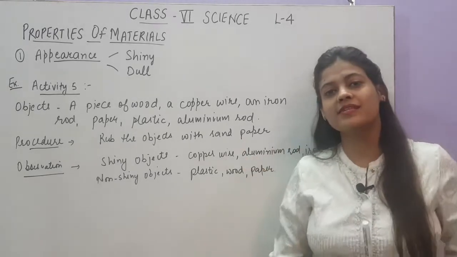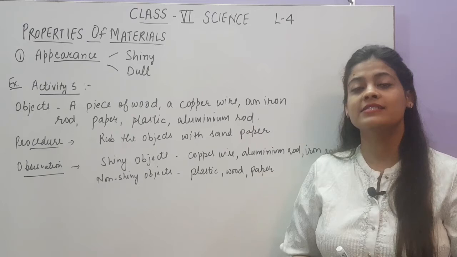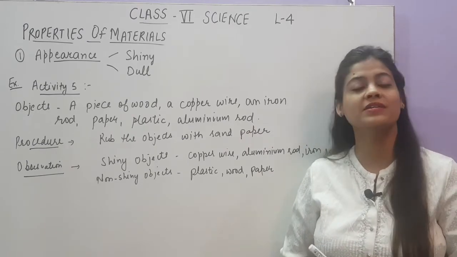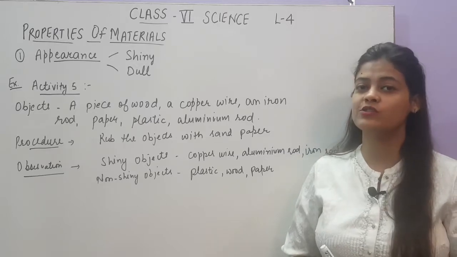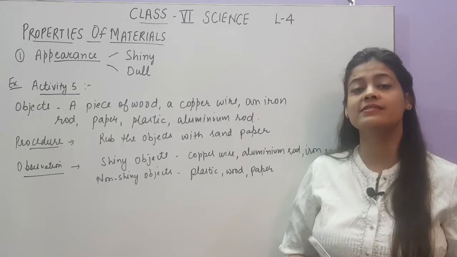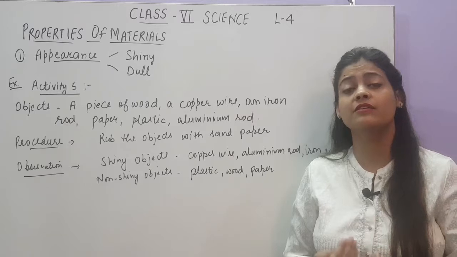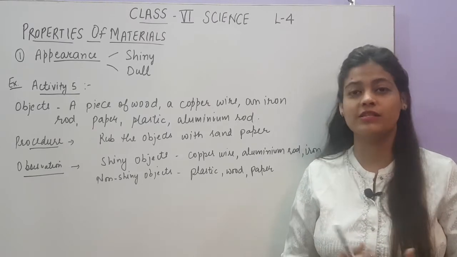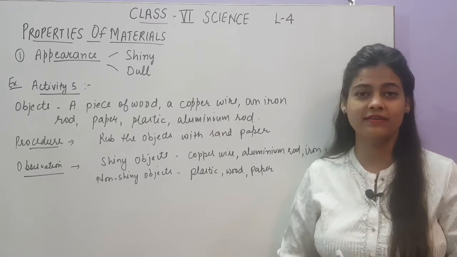So all the materials are not exactly similar to each other and all the objects are not made up of the same material. Why is that so? Because different objects have different uses, and on the basis of their use the objects are made up of different materials.